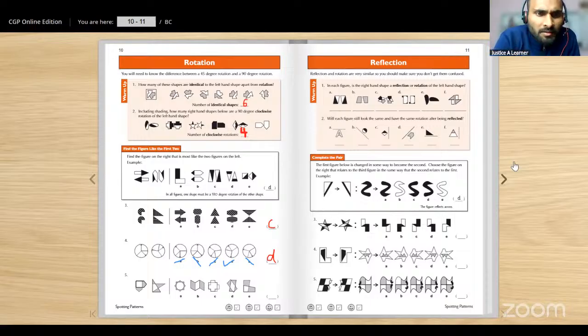I have a question. Yeah. I guess in the second question, as I observe, this is asking, including shading, how many right-hand shapes below are a 90-degree clockwise rotation of the left-hand shape. It is just asking for the shape, I guess.